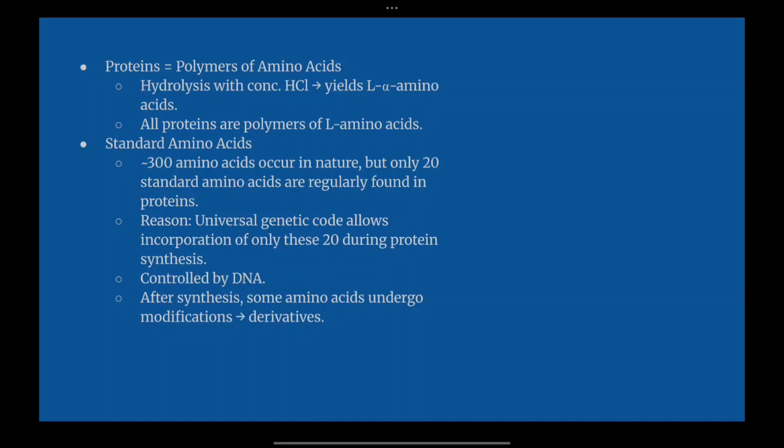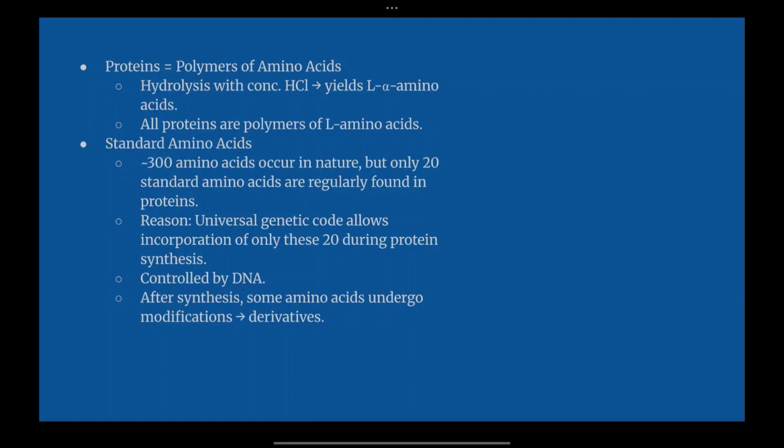Now, the polymers of protein: amino acids. Proteins are formed by polymerization of L-alpha amino acids. So numerous L-alpha amino acids are bound to each other by polymerization. Around 300 amino acids exist in nature, but only 20 standard amino acids are directly coded by our DNA and used in protein synthesis.